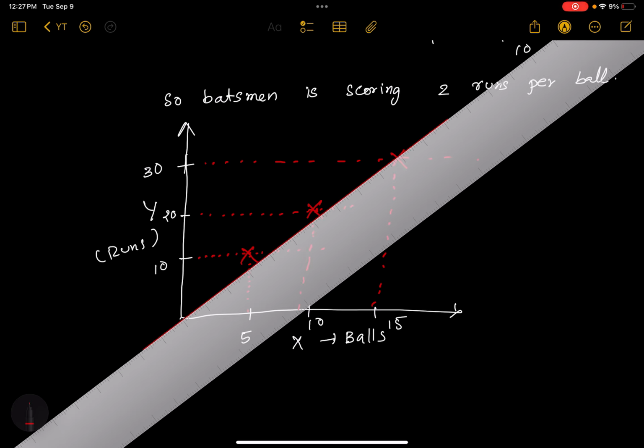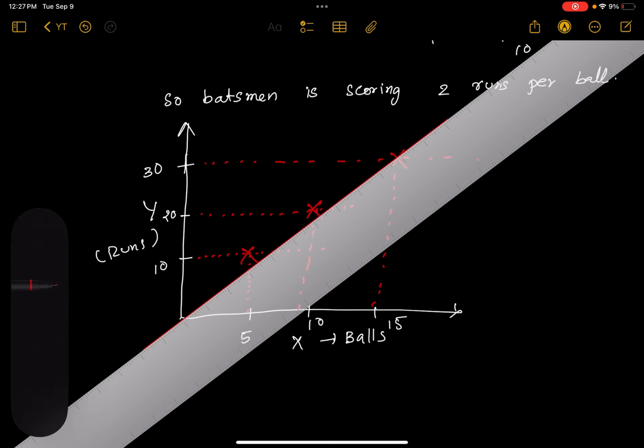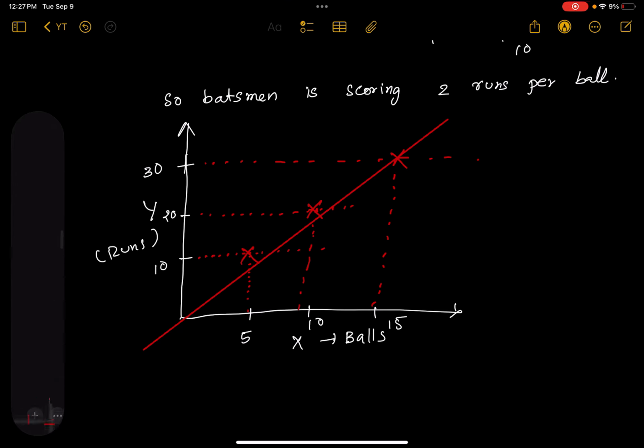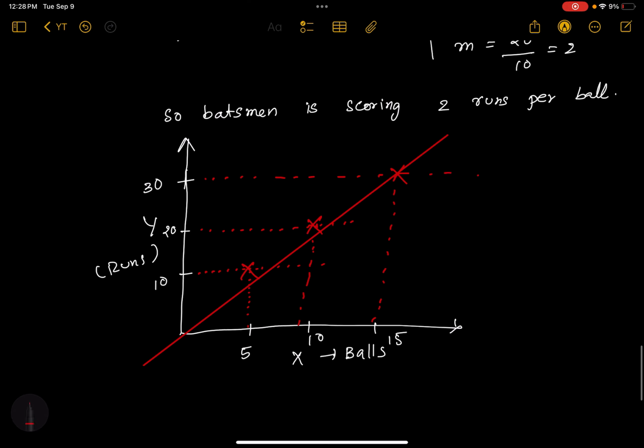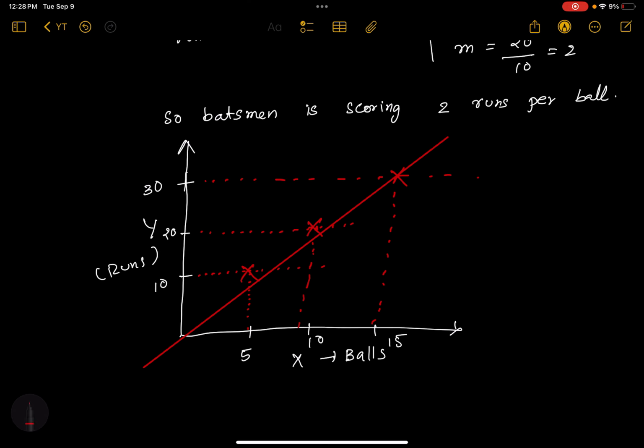So this goes like this. These intersection points will stay exactly on the straight line.